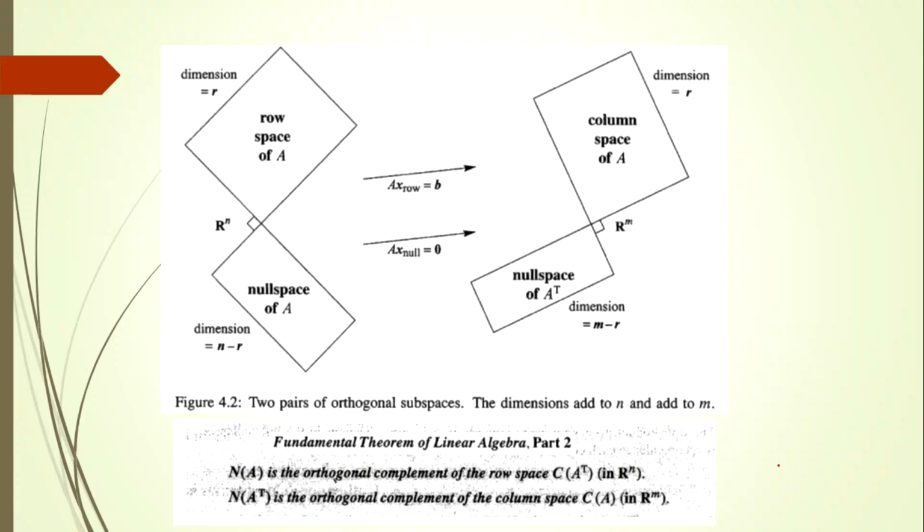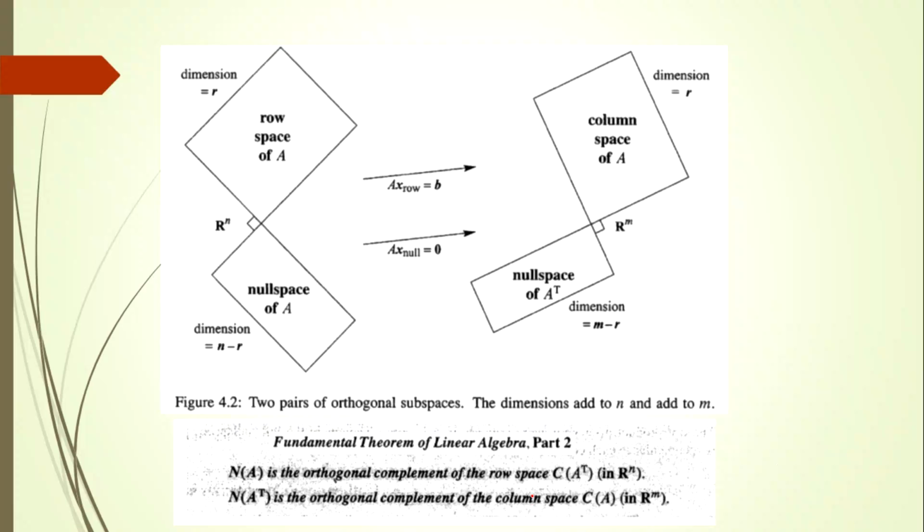Even though we only give this one statement, it gives a lot of information combined with FTC part 1. They are orthogonal subspaces, and also they are orthogonal complements. That's why we will focus on those four subspaces in section 6.